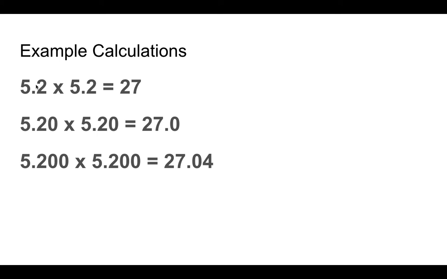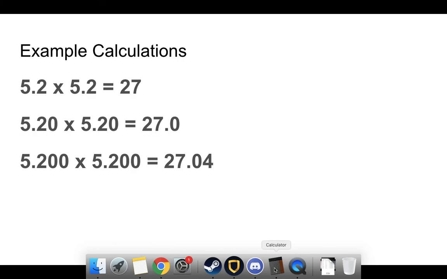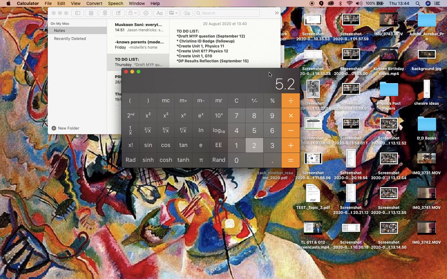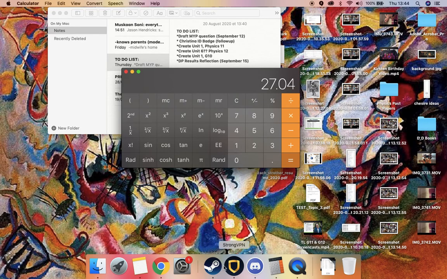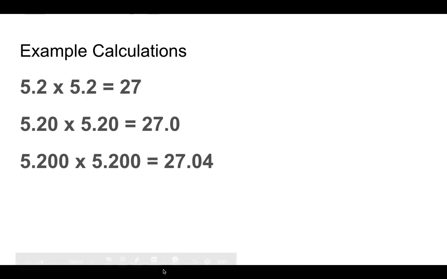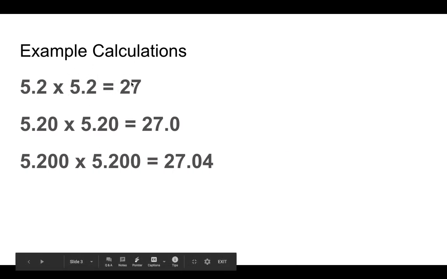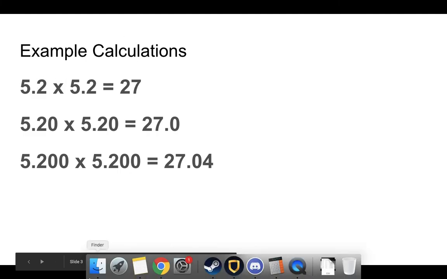Right? If I have 5.2, that means I'm actually somewhere between 5.24 and 5.16. So if we pop open a calculator and we do 5.2 times 5.2, your calculator will tell you it's 27.04. But we don't actually know that our original measurement is 5.2 because there might have been some kind of rounding going on, right?